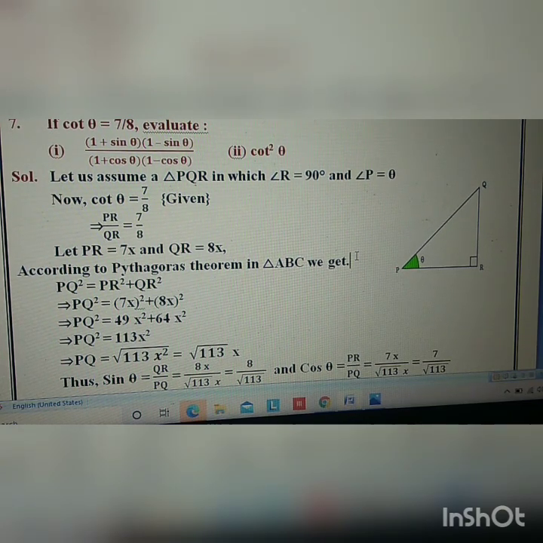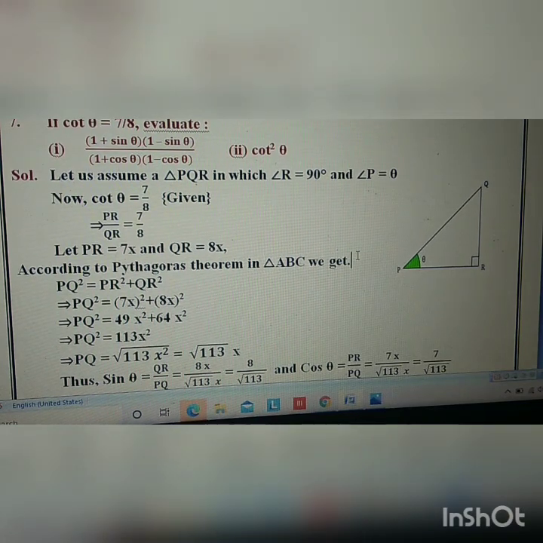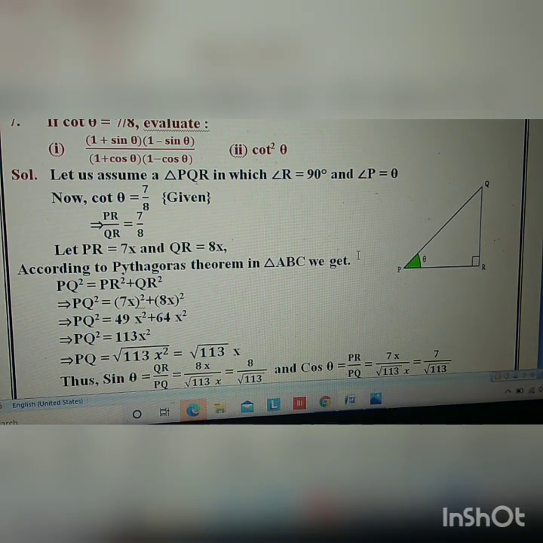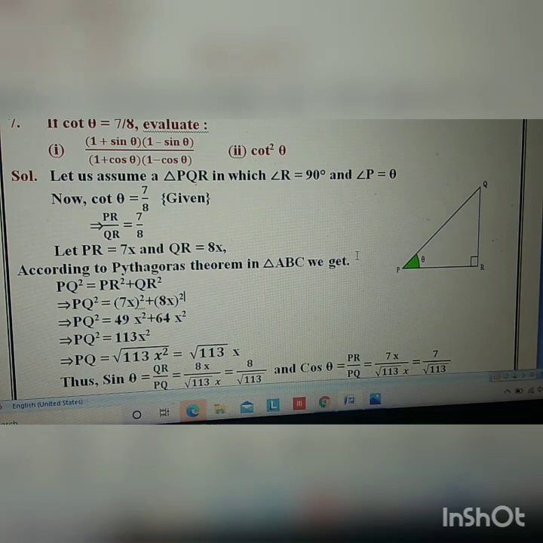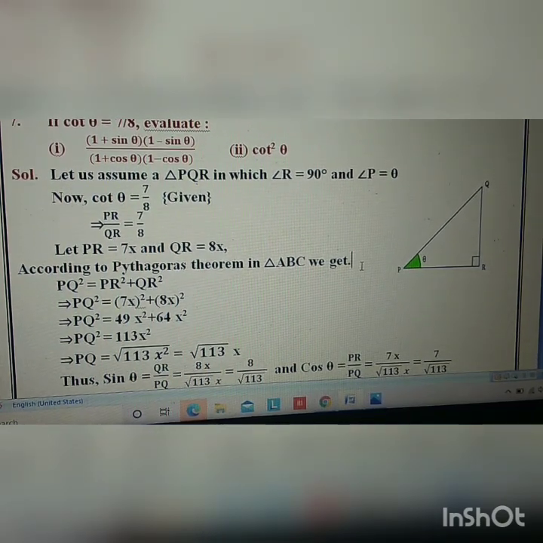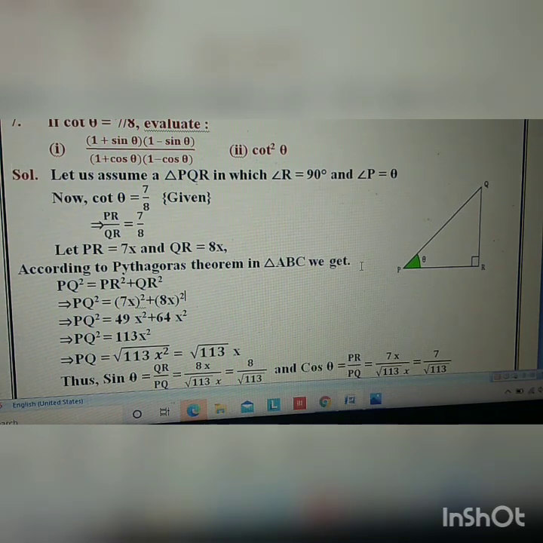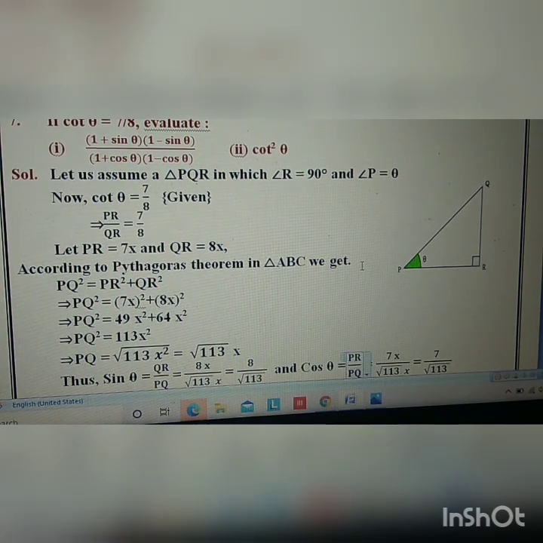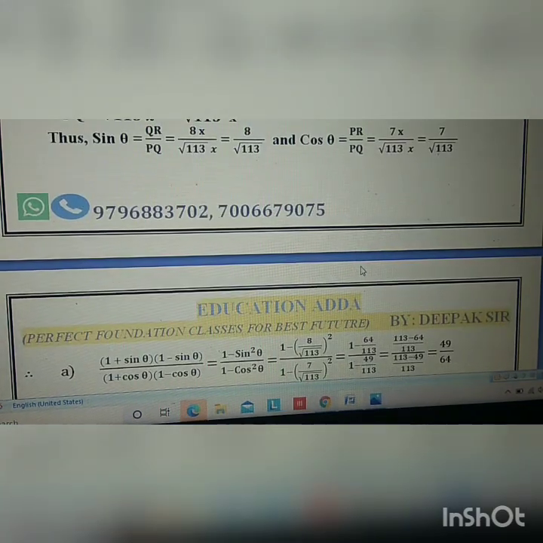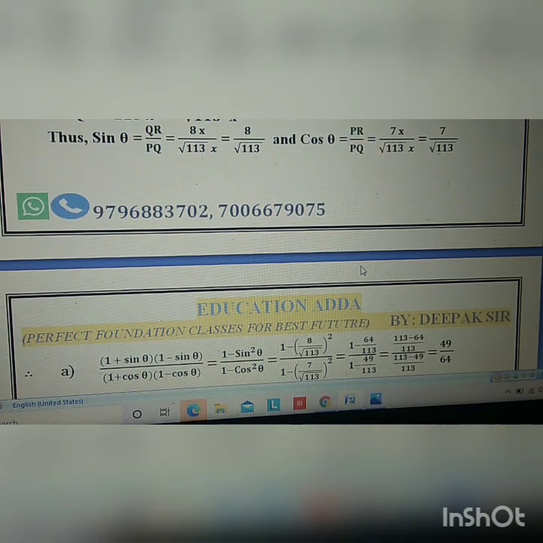Now, because in the question we require sin theta and cos theta, sin as we know is perpendicular upon hypotenuse. So sin theta would be perpendicular upon hypotenuse. For theta, the perpendicular would be QR. What is the hypotenuse?